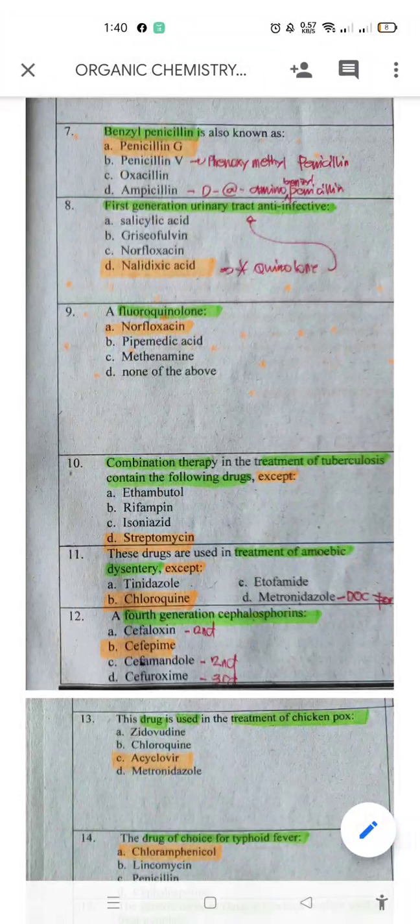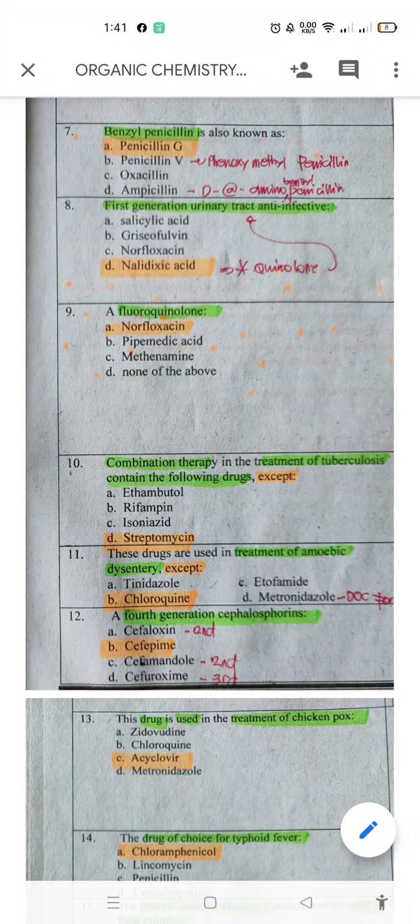Okay, nakuha yun. Next, number 11. These drugs are used in the treatment of amoebic dysentery except your chloroquine.